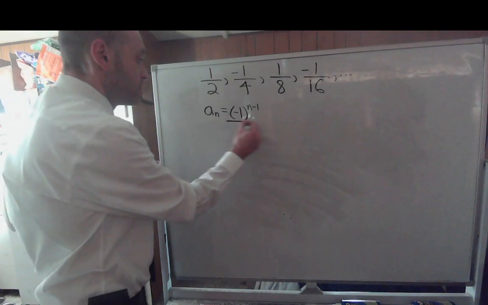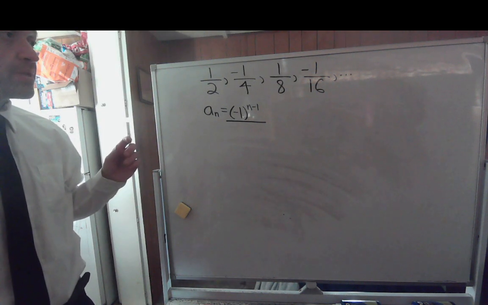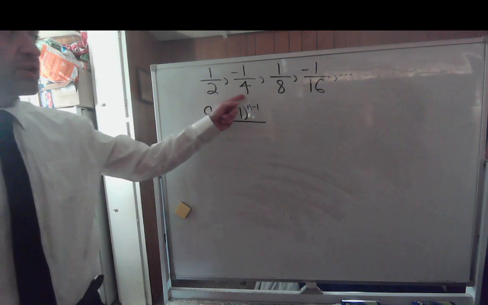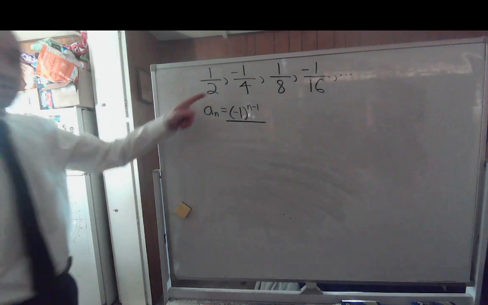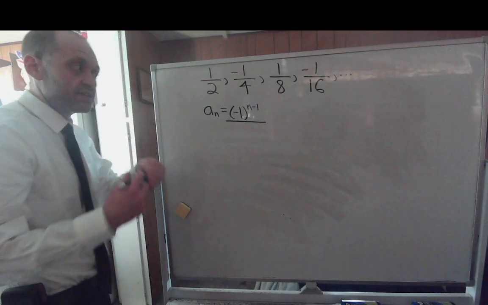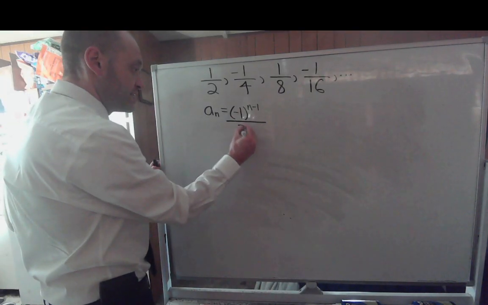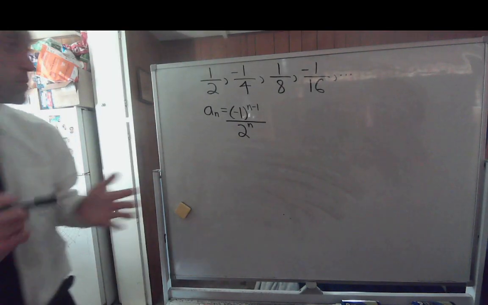Now, what about our denominator? Well, it looks like it just goes up in powers of 2, right? 2 to the first would be 2, 2 to the second is 4, 2 to the third is 8, 2 to the fourth is 16, and so on. So my denominator should just be 2 to the n.